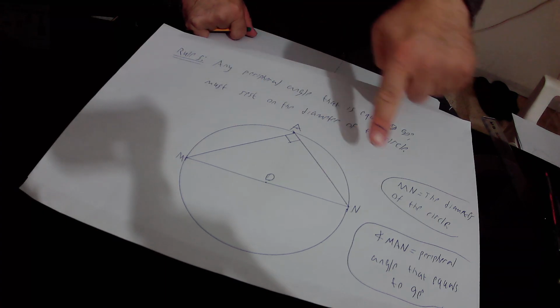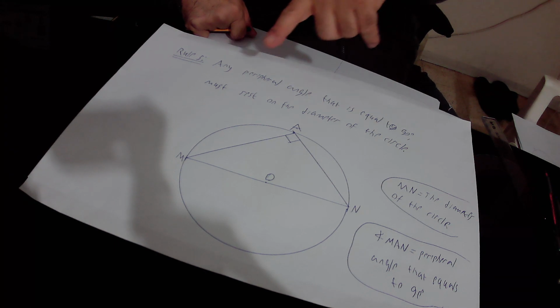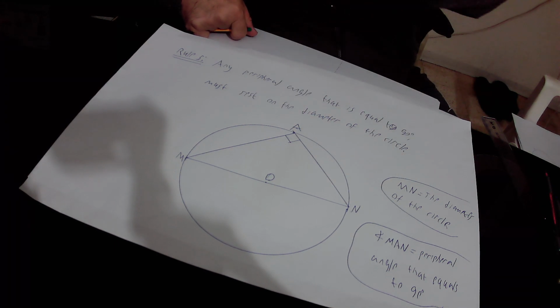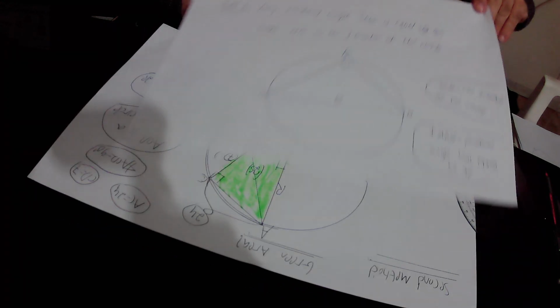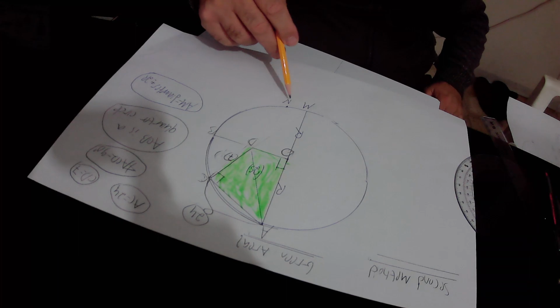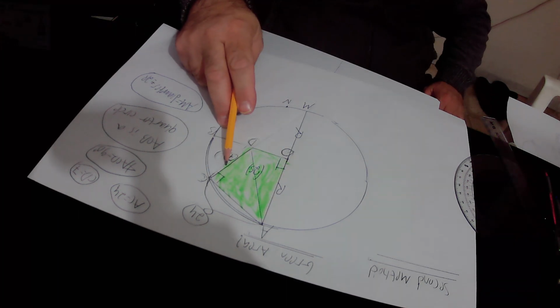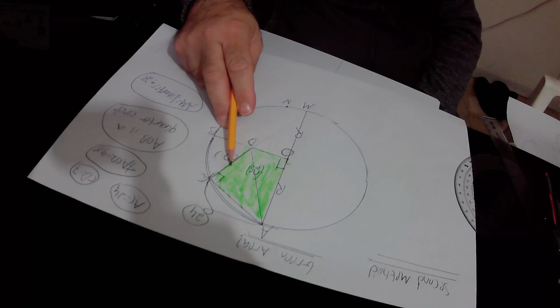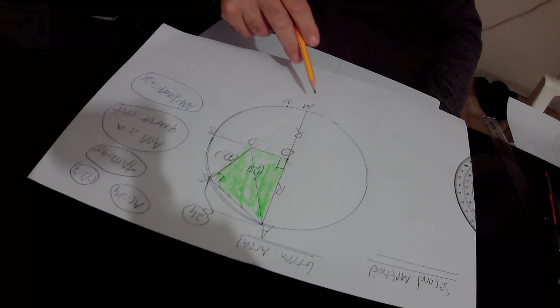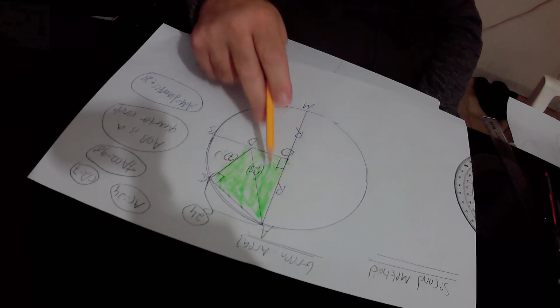Peripheral angle MAN equals 90 degrees, and therefore it rests on MN, which is the diameter of the circle. And peripheral angle ACN equals 90 degrees according to what is given in the question. It doesn't rest on AM, the diameter of the circle, but it rests on AN, which is not the diameter of the circle.